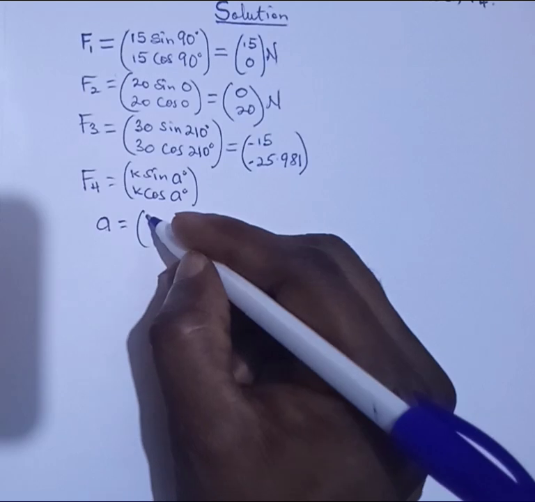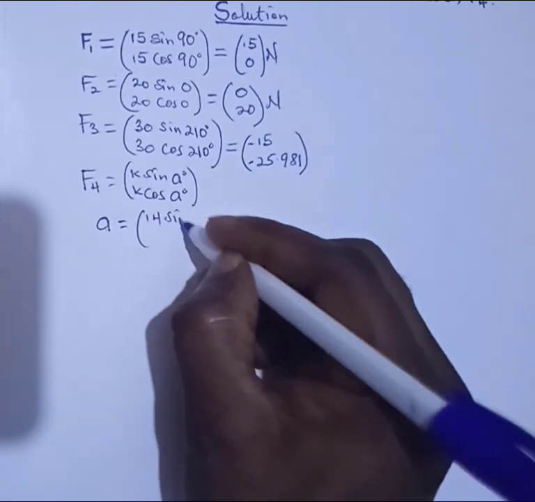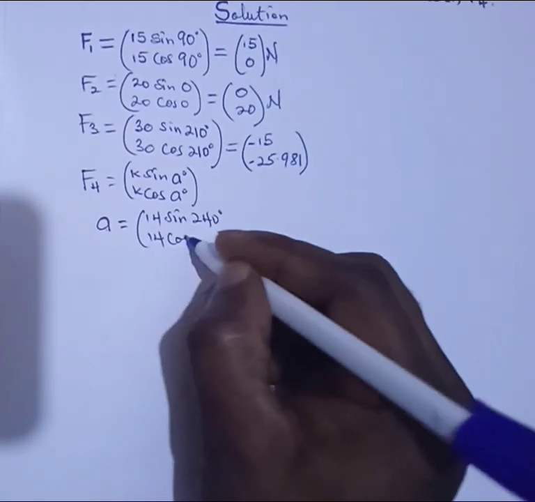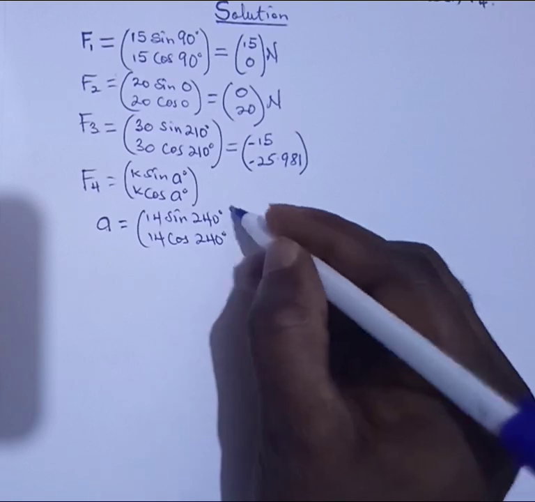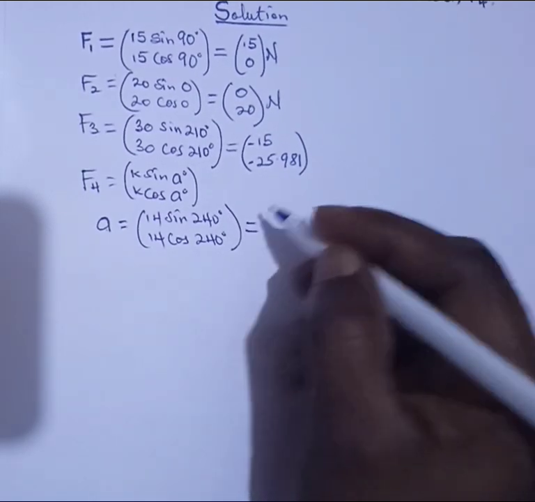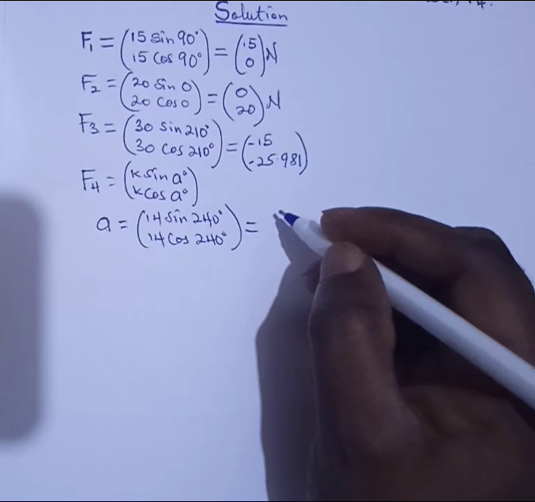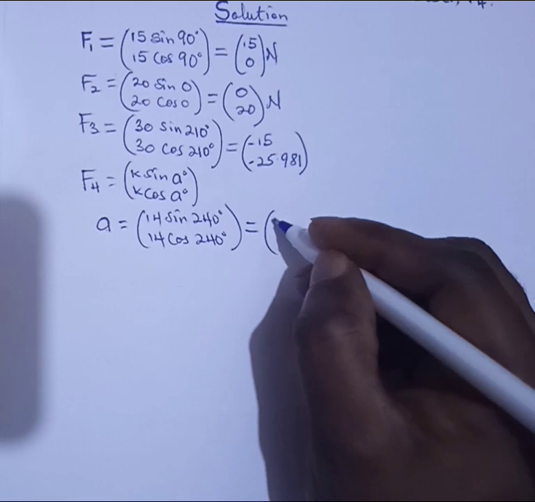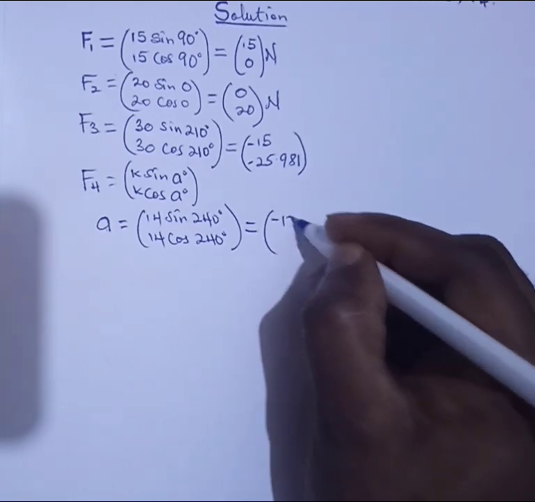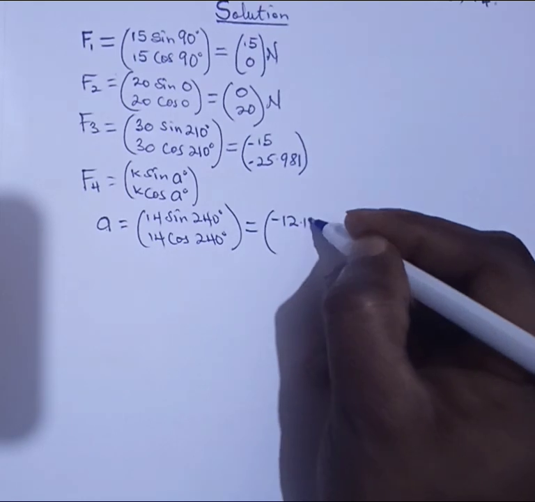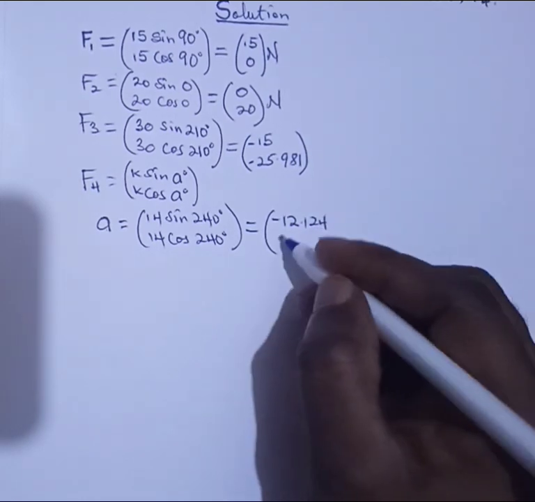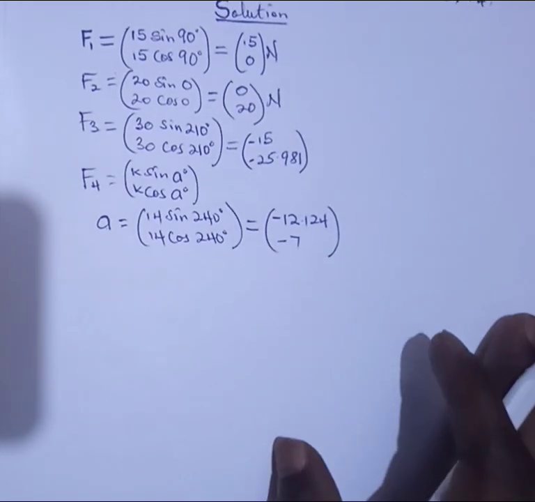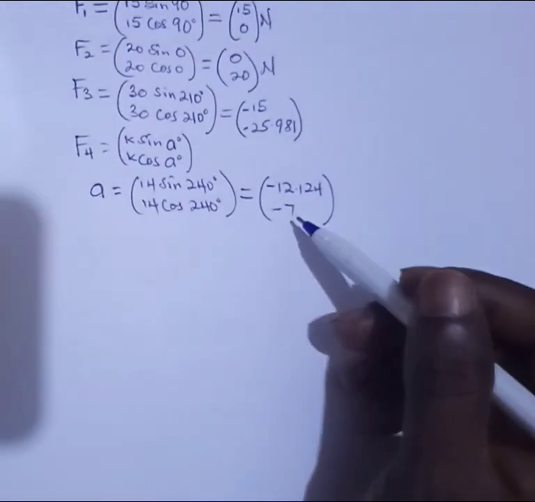So this one too, if we resolve, then we have 14 sine 240 degrees, and then 14 cos 240 degrees, which will also give us negative 7 root 3, but I want decimal, so we are getting negative 12.124 to 3 decimal places, and we have here negative 7. Good. So we have also resolved the acceleration here.